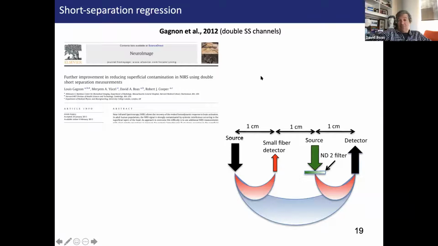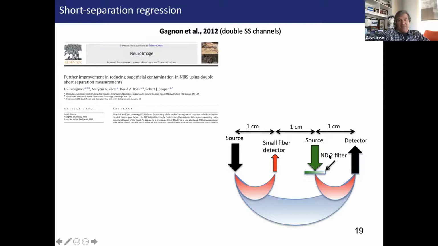But in the meantime, moving along, we originally put a short separation detector next to a source, and that worked well. You could just put a very small fiber there. So we even asked the question: that's clearly measuring scalp overlap with the source, but the long separation detector also has scalp, so maybe it'd be better to put a source near that detector.